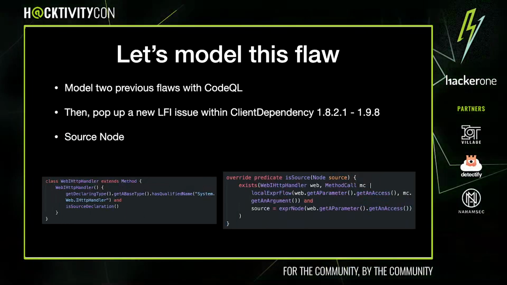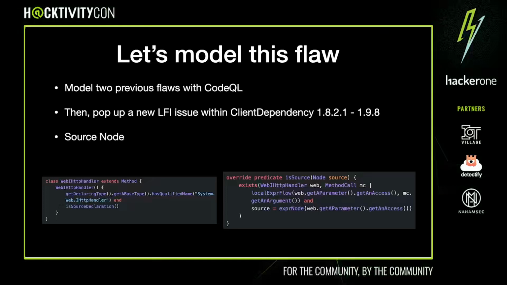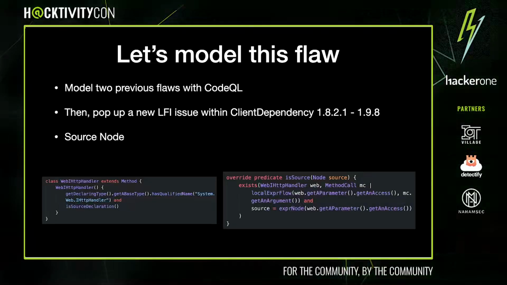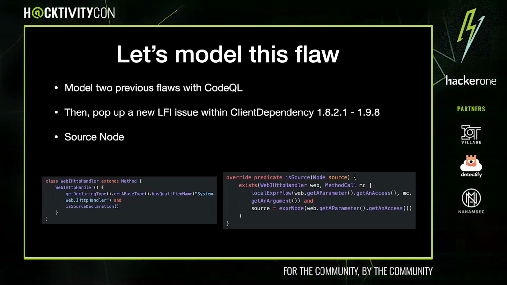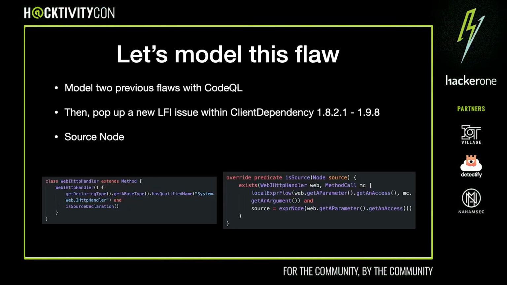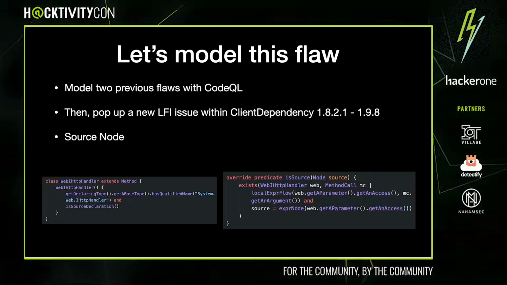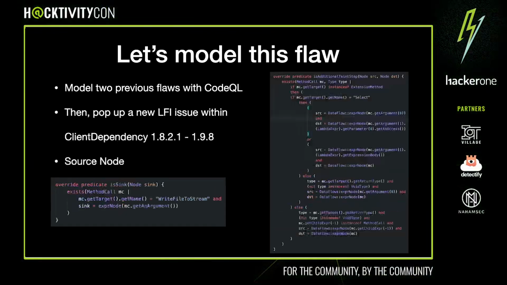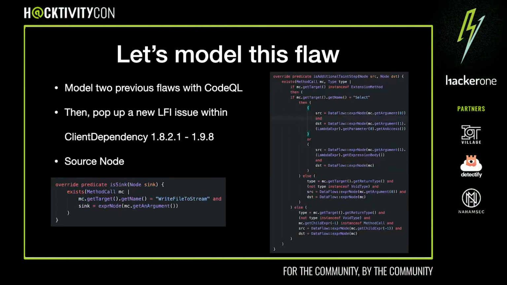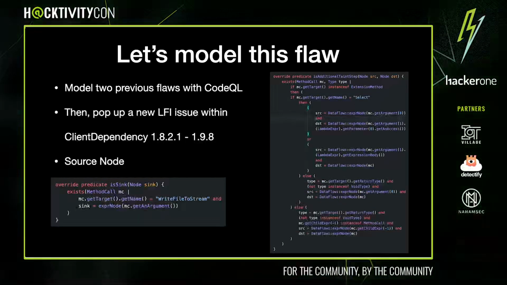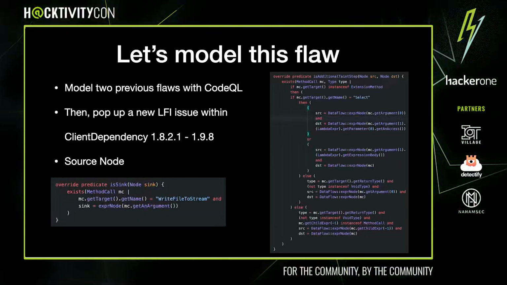The left one is to find all methods that have the qualified name starting with System.Web.IHttpHandler. Then, on the right-hand side, source nodes are set as their parameters. On your left, sinks are set as the function we mentioned before, the culprit of the previous two flaws.